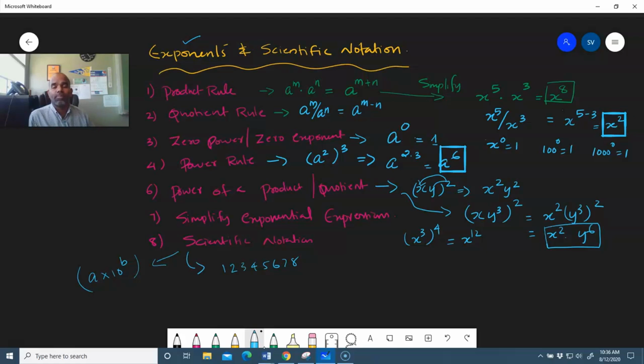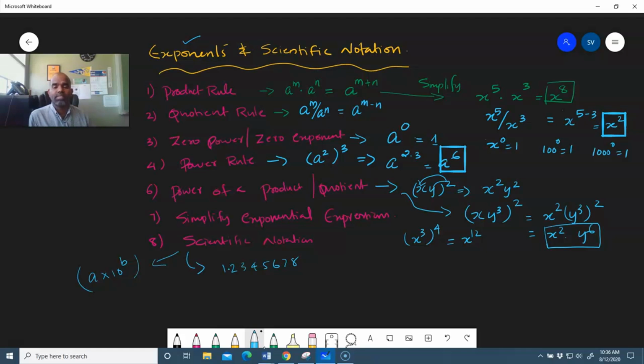For that, what we need to do is, just after the first number from the left, put a decimal place.